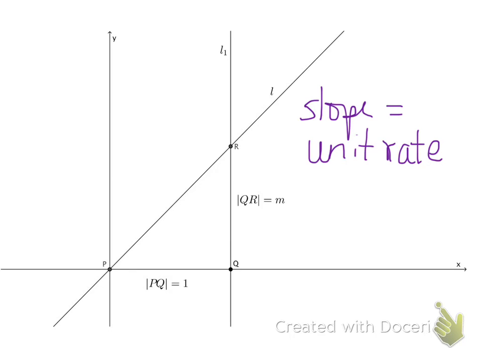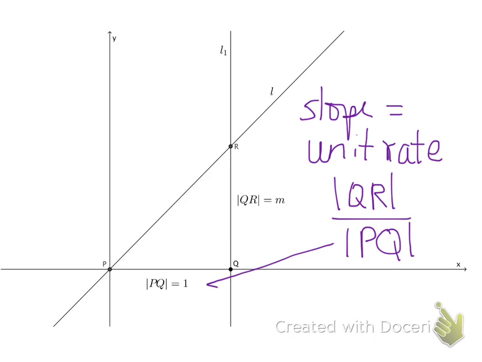So because the slope is the unit rate, that means it's this ratio. It is the distance QR over PQ. And in the case of PQ being 1, the slope is just the distance QR.